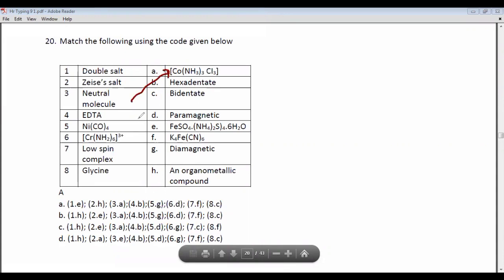EDTA is a hexadentate ligand. Ni(CO)4 is actually paramagnetic, right? Chromium NH3 6 3+. So it's paramagnetic.